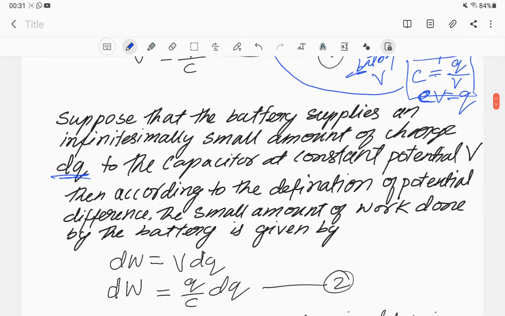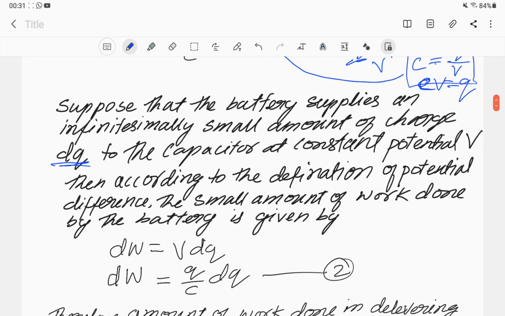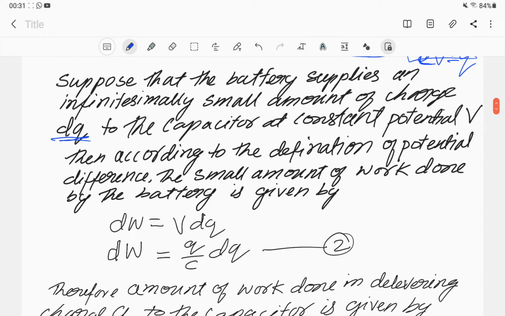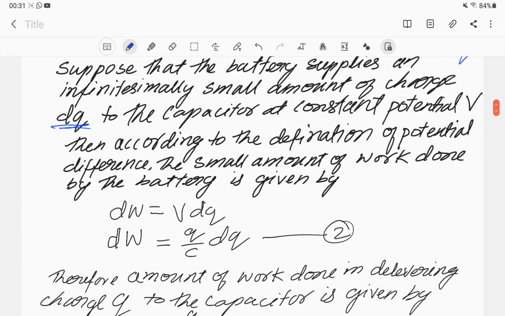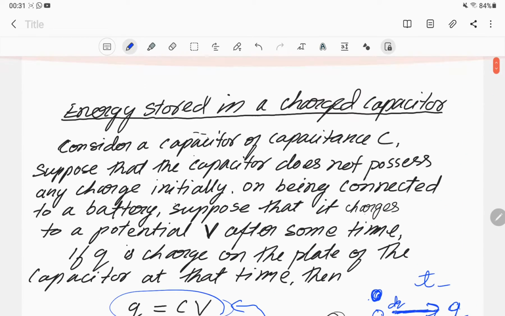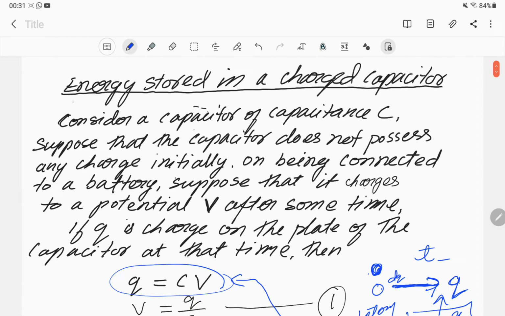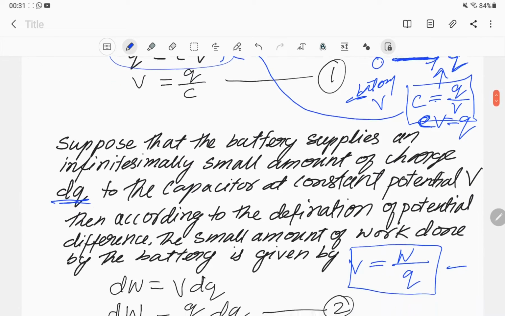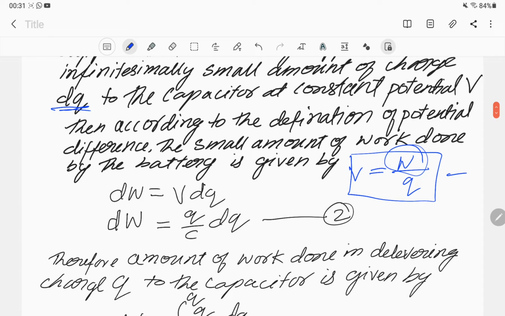So according to the definition of potential, what is the definition of potential difference? V equal to work done per unit charge, W by Q. Now our question is energy. Whenever they ask us to find energy, we have to find work.